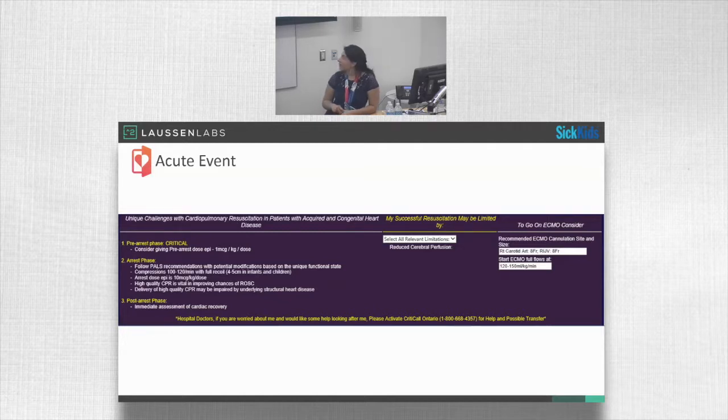On the far right of your screen, you'll see some information with respect to cannulation details in case a patient presents to a hospital that's not familiar with pediatric ECMO cannulation.